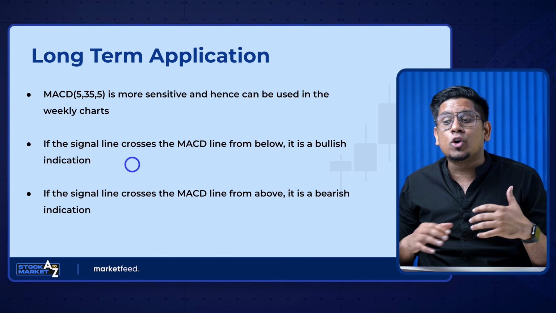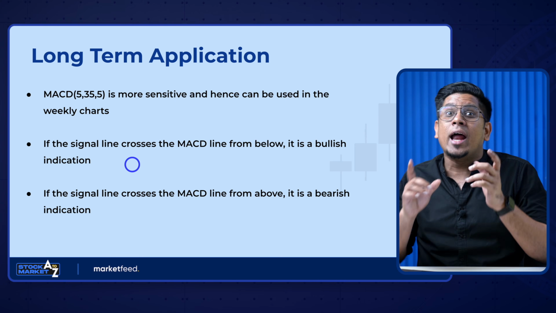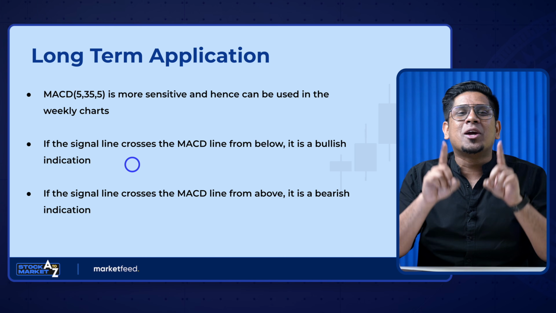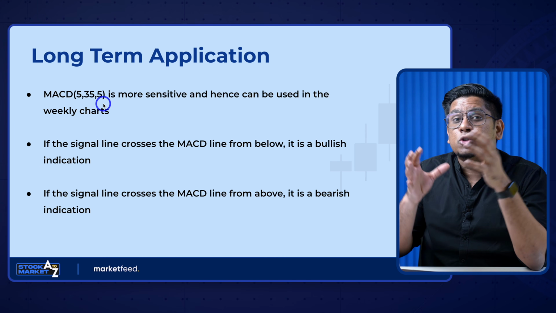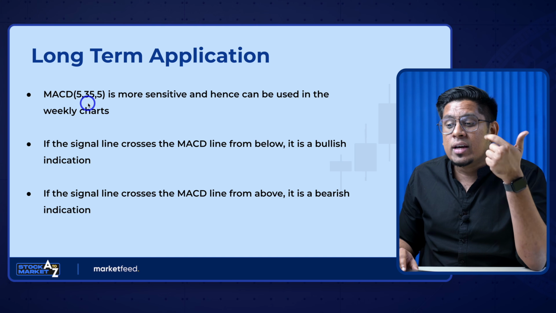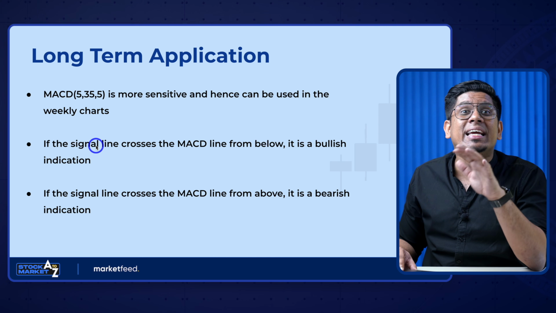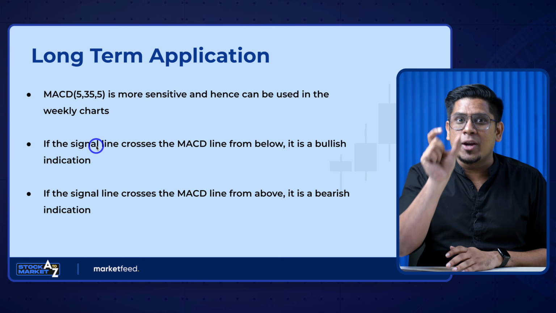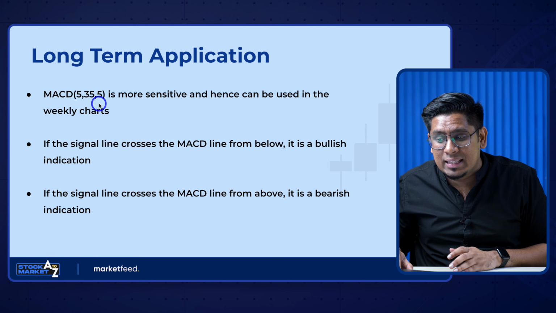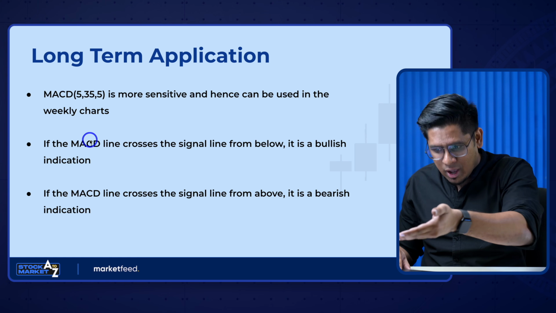Moving ahead, we can even talk about the long-term application of MACD. I'll quickly read through it, and again it is an assignment. You can look into it yourself. The setting that you can use for MACD for long-term application is 5-35-5. It is more sensitive, and hence it can be used in the weekly charts. So you can set the candlestick time frame to weekly, apply this setting of MACD, and use the same exact analysis that we did before, which is again written here.